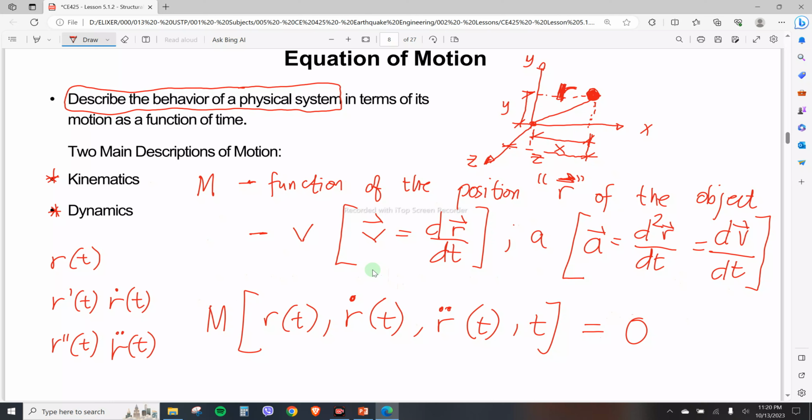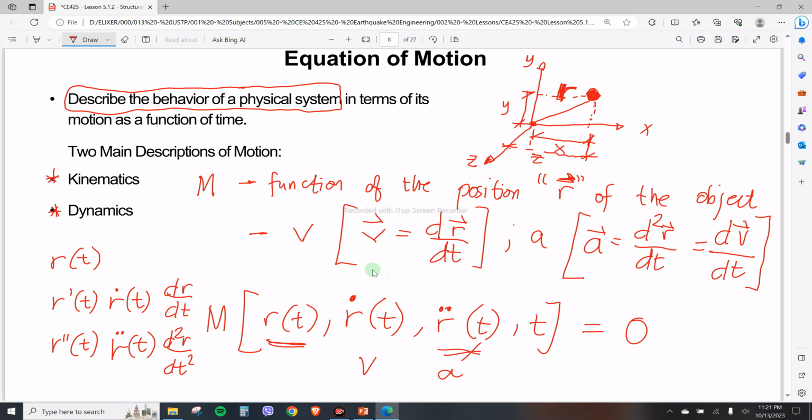And then we also have the Leibniz notation, dr over dt and d squared r over dt squared. So are you confused? The single dot here represents the first derivative of the position r with respect to time. And then the double dot r here shows the second derivative of the position with respect to time. So that is the acceleration, and this one here is the velocity.